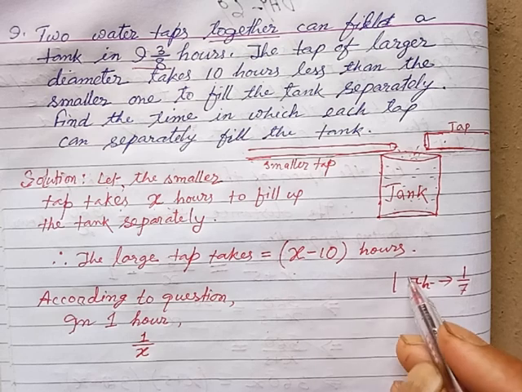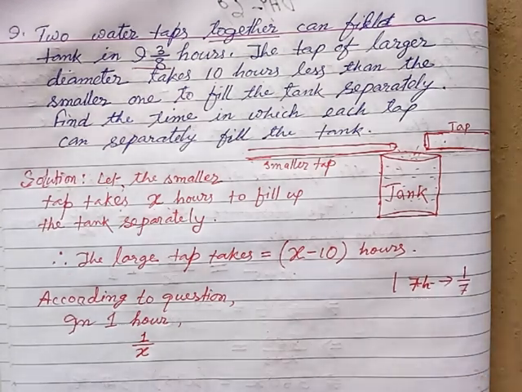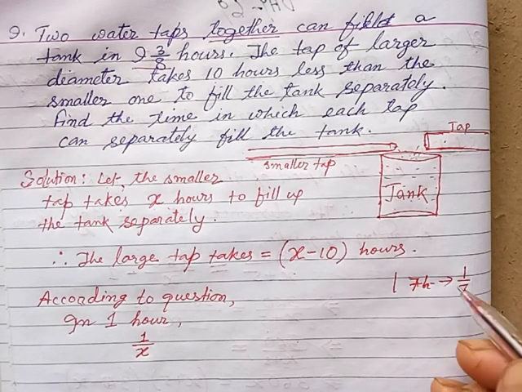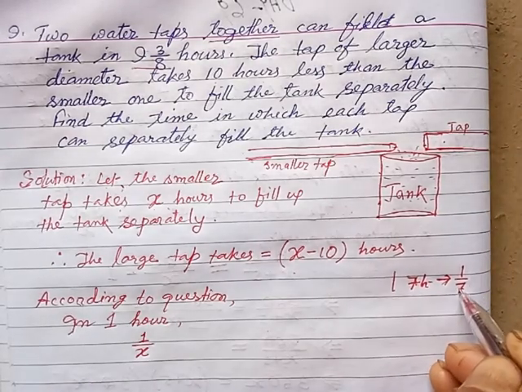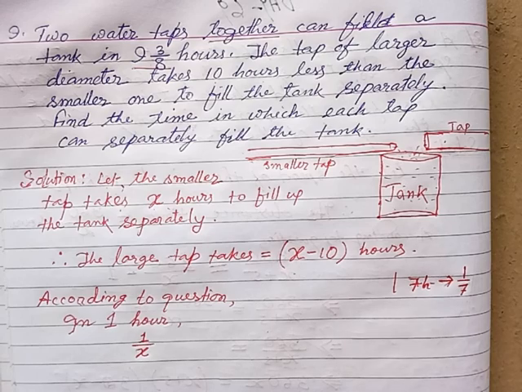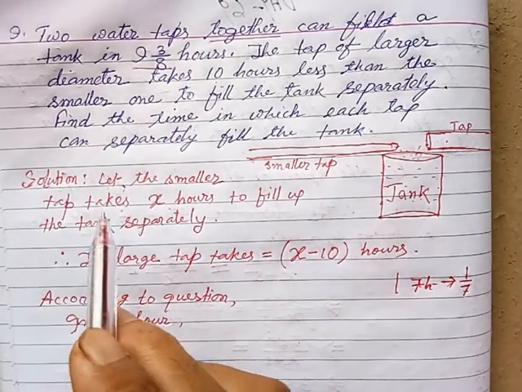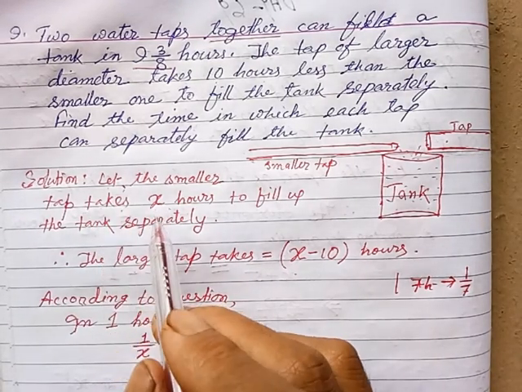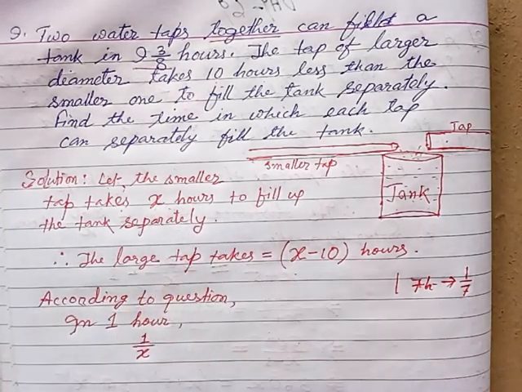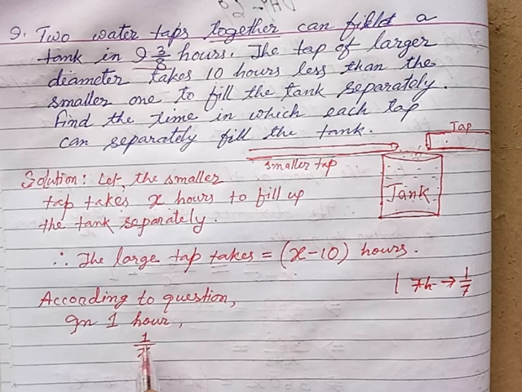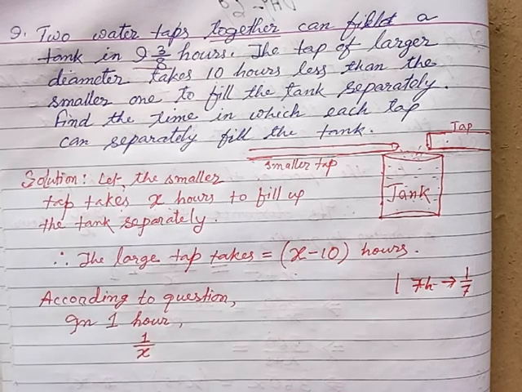Similarly, the smaller tap can fill the tank completely in x hours, so in 1 hour it can fill 1/x part only.